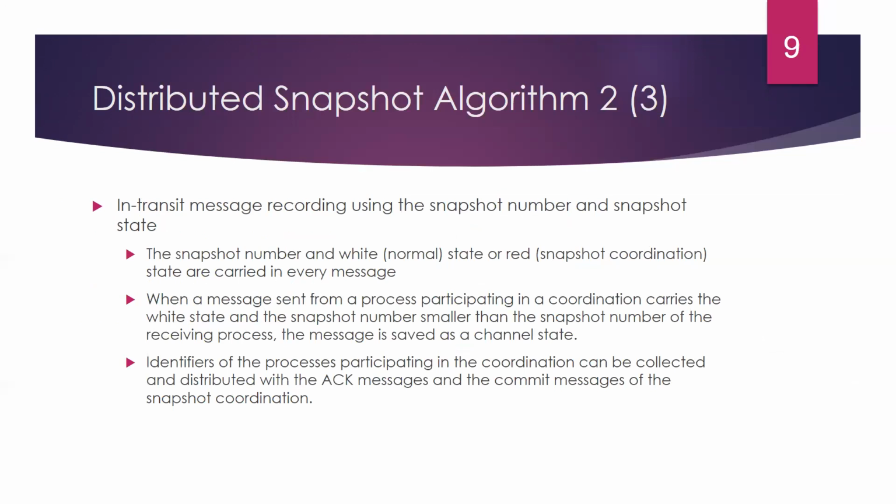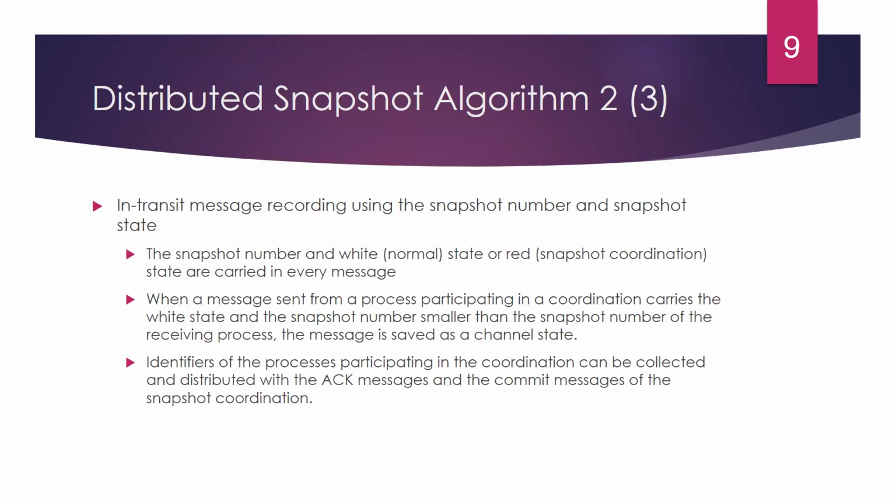Since only part of the processes participate in each snapshot coordination, snapshot numbers of the coordination participants cannot be the same. Hence, during the coordination, the maximum number is chosen for the new snapshot number. Some messages sent during the coordination may carry a number smaller than the final snapshot number.